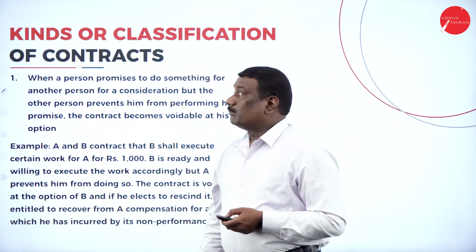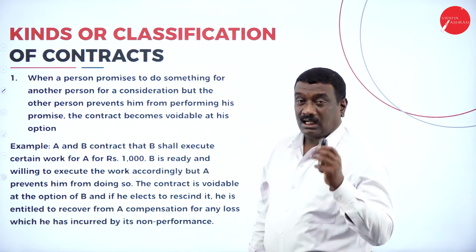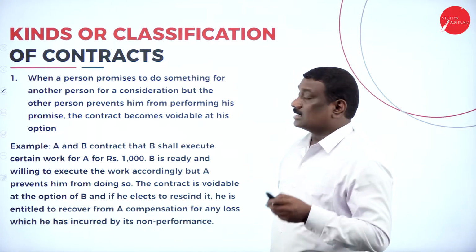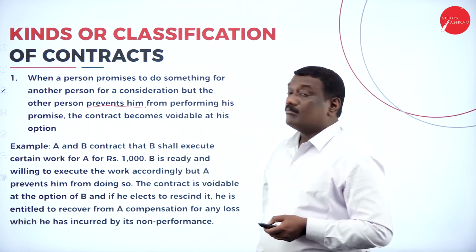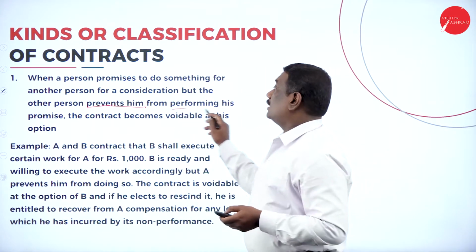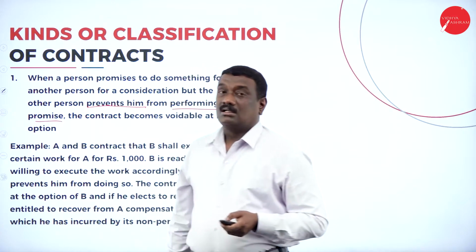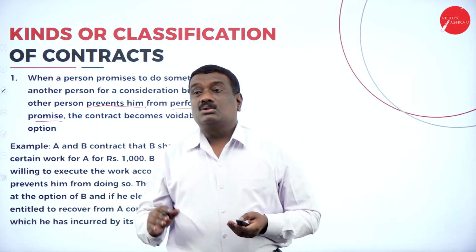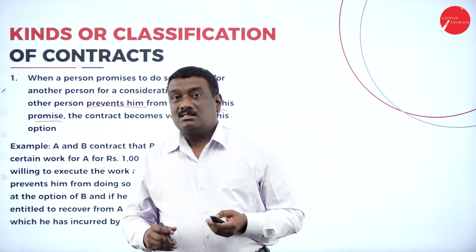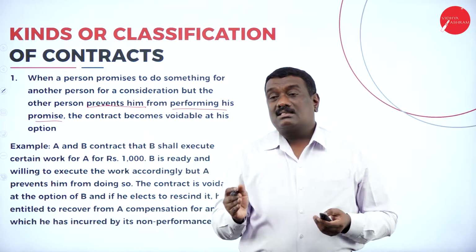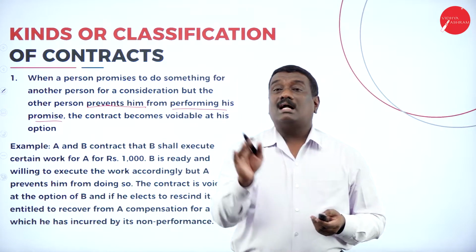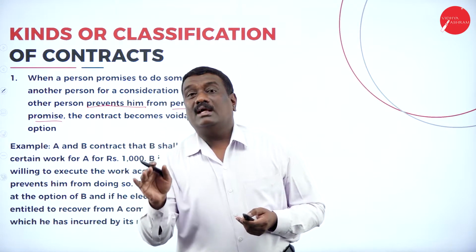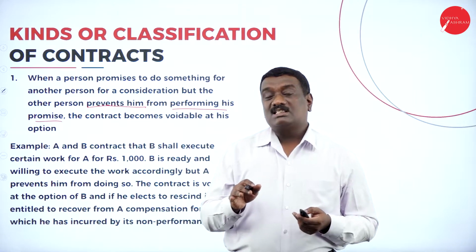First is when a person promises to do something for the other person for a consideration, but the other person prevents him. This is important. Prevents him from performing his duties or the promise. Now A is promising to do something for B, right? And in that case, B is not allowing A to do that particular work or the obligation which he has to perform on his part.